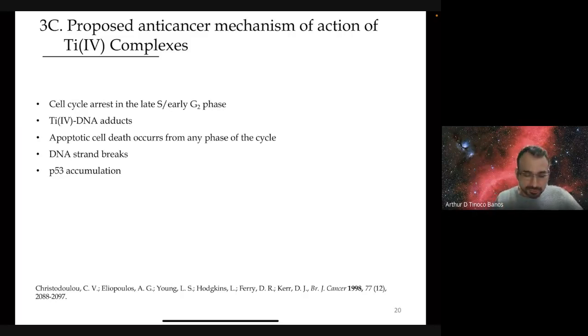There was also observation of DNA strand breaks and p53 accumulation. Now, this observation of DNA strand breaks was a little bit confusing in terms of the origin of these strand breaks, because it wasn't clear whether the strand breaks were because of the formation of titanium DNA adducts.